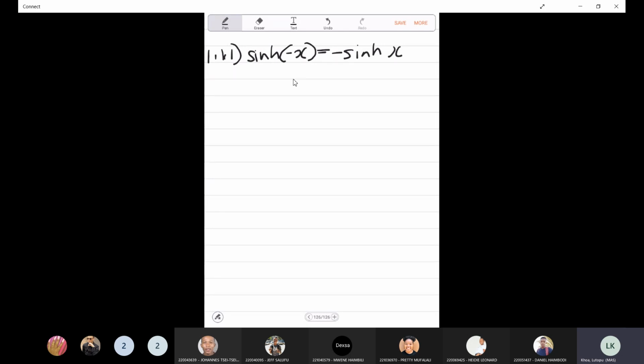The way we do them is exactly the same as the way we did the trigonometric ones. You pick a side, you simplify it, or you work on it until what you have is what is on the other side. So here we start on the left-hand side.